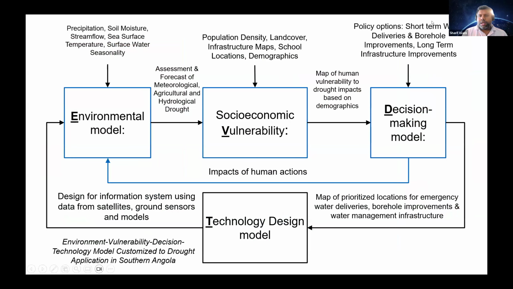In our lab, we have a framework called the EBDT framework. This framework was developed by Professor Wood, maybe 8-10 years back. Whenever we are working on environmental issues, we use this framework. For example, if we are looking at the coastal erosion problem in the US, the environment model looks at how we can use satellite data to model the shoreline movement.